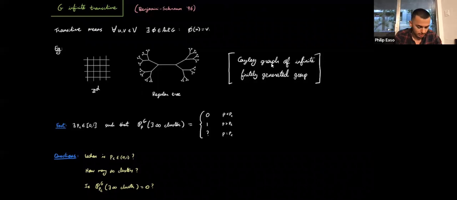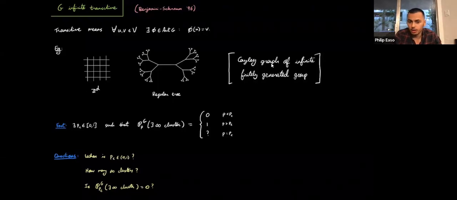So then, the major questions, we'll see one more later, but here are some of the major questions at this level of generality. These are ones that Benjamini and Schramm introduced in their work. When is the critical parameter strictly between 0 and 1? This is called the phase transition being non-trivial. I'll say what's known about these in a second.